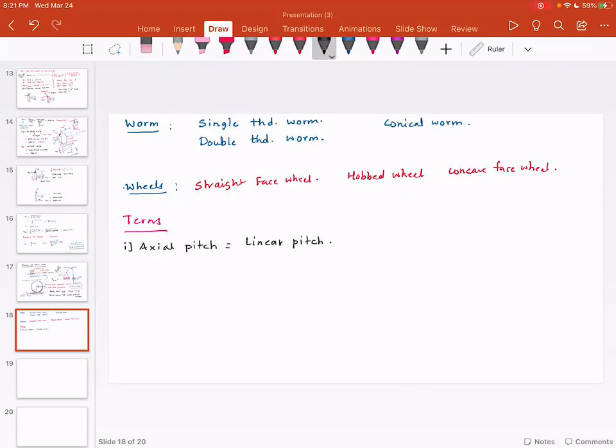So if you look at the worm separately, this worm is going to look like a power screw, and it is similar to a power screw. So this is how a worm is going to look. So if you look at the profile of the worm, this is how it's going to look.